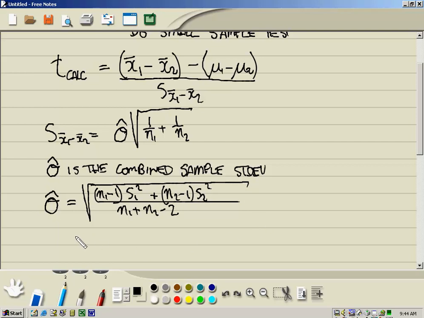The value for this is a number which is between the s1 and the s2. Since it's a combination of these two values, the result must be between.